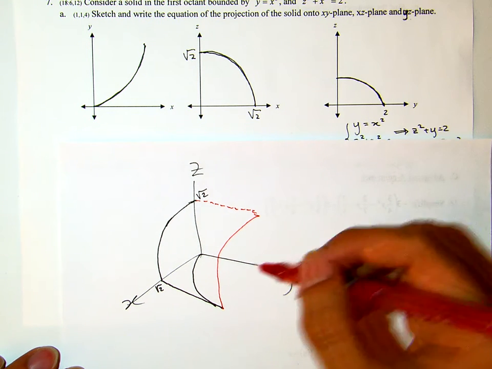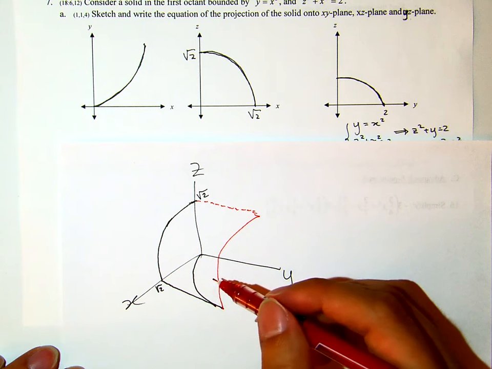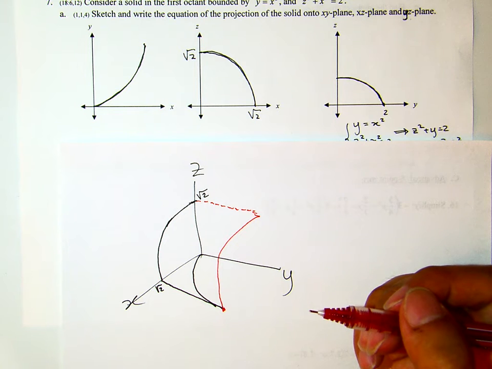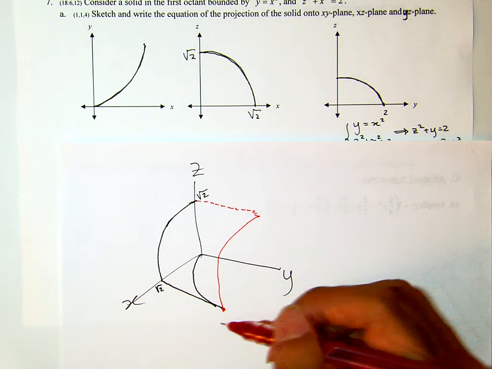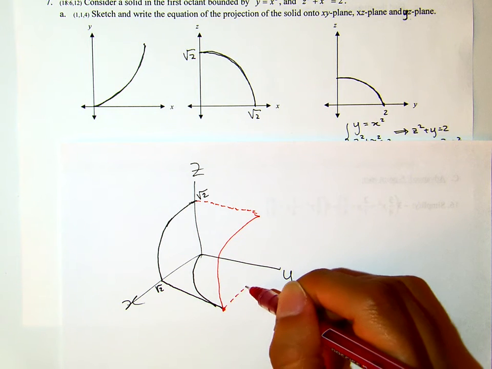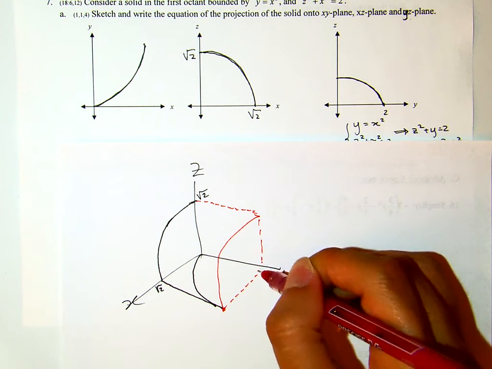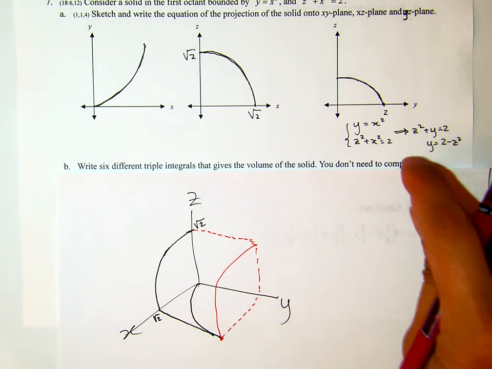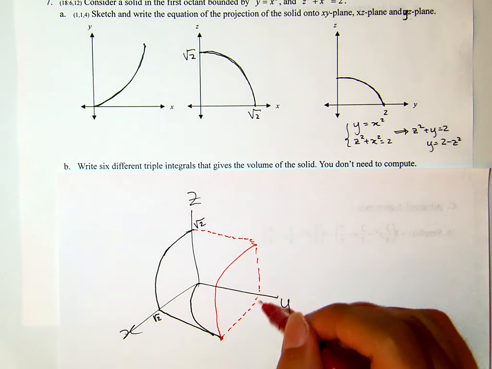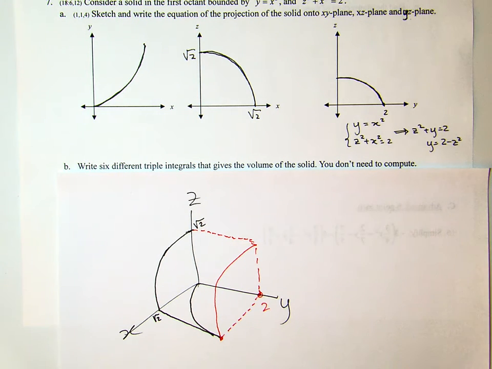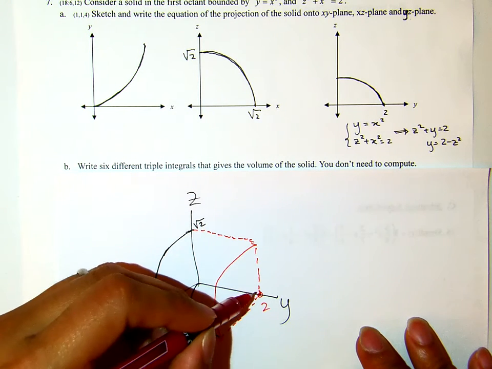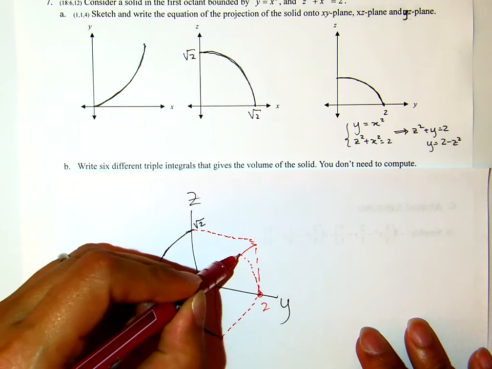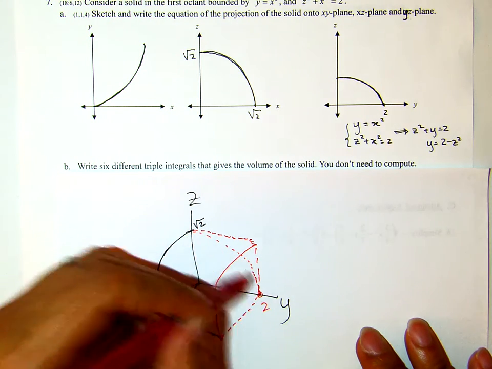Now then, the problem is what is the intersection here? We know x equals radical 2, and at that point z equals 0, right? But what is y? If you think about that, we already did it here. Now y will be 2, and the shadow of that will follow y equals 2 minus z squared.